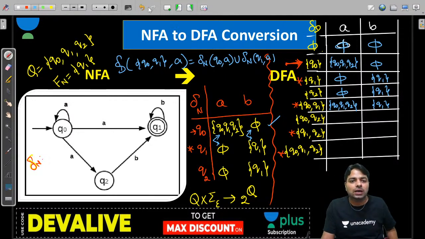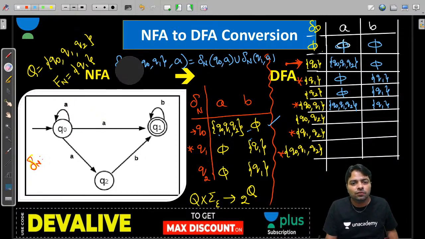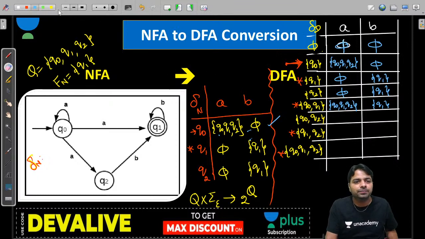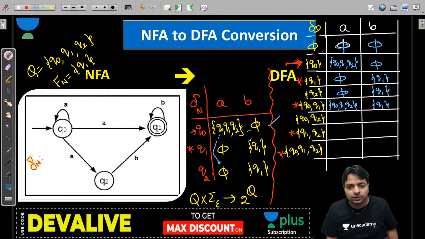Similarly, Q0 Q2: you will do the union for these two. Then you will get Q0 Q1 Q2 union with phi, and phi union Q1 is Q1 again.